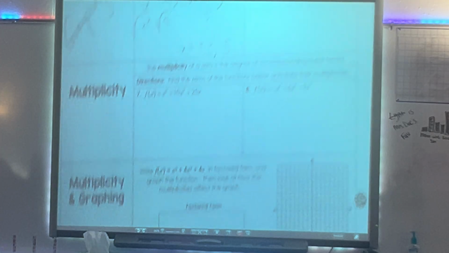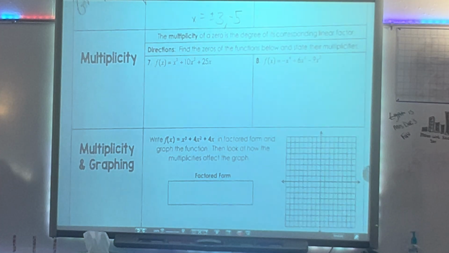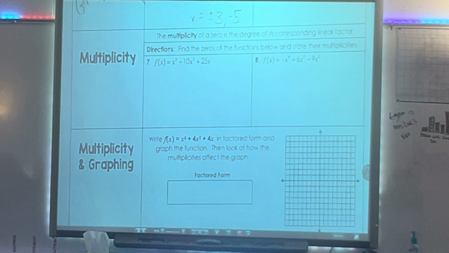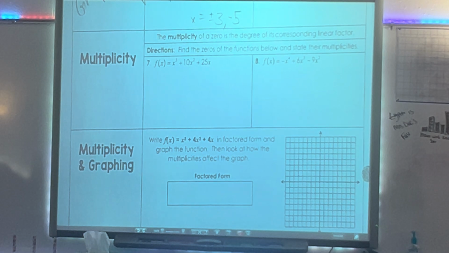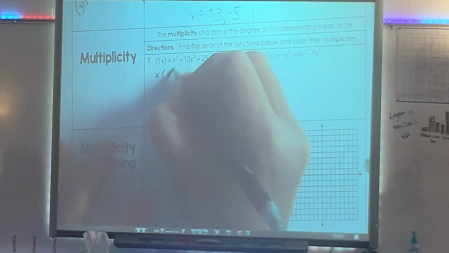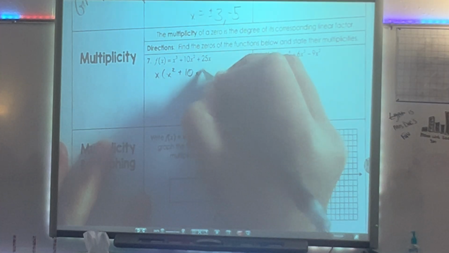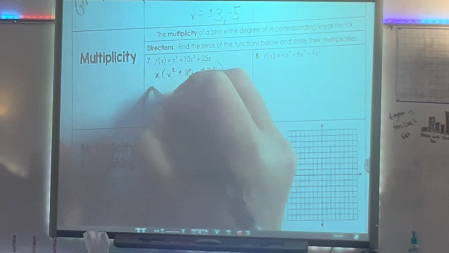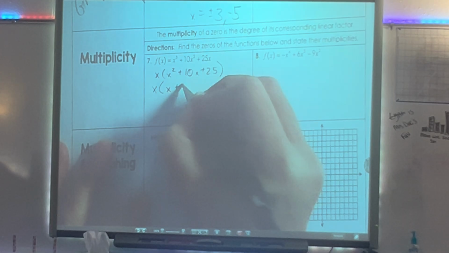Alright, so now we're going to talk about multiplicity a little bit, just meaning that if my same factor happens more than once, rather than writing it multiple times, you would write the multiplicity of whatever it was. So here, if we take out the x, that's going to leave us x squared plus 10x plus 25, which factors to be x plus 5 and x plus 5.